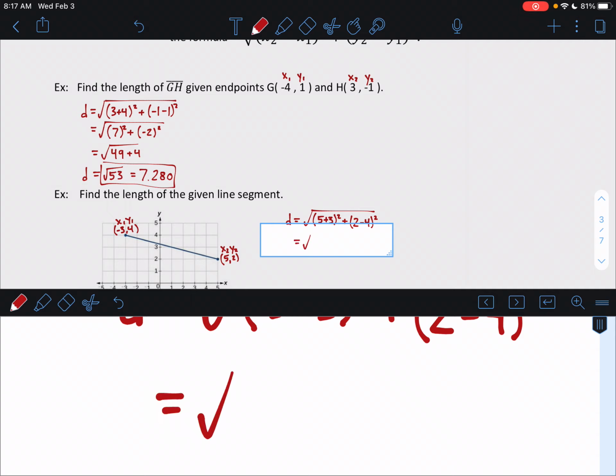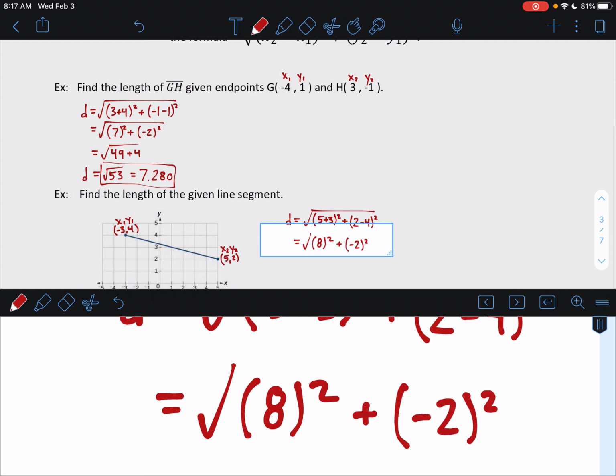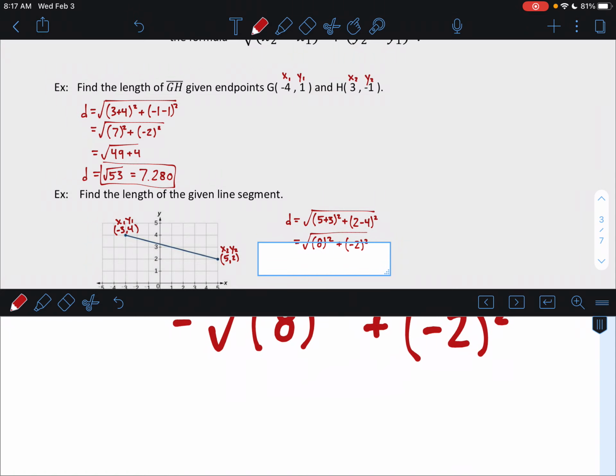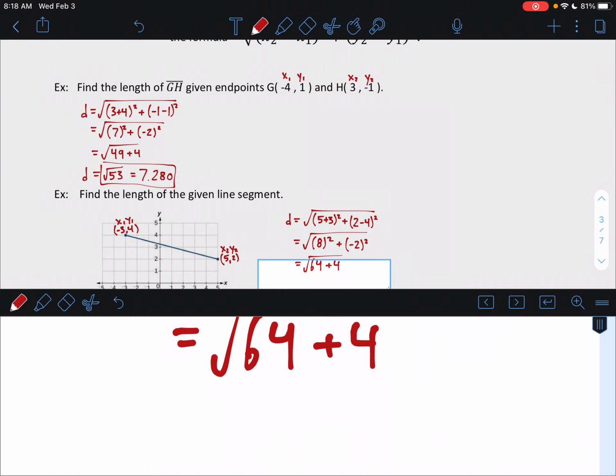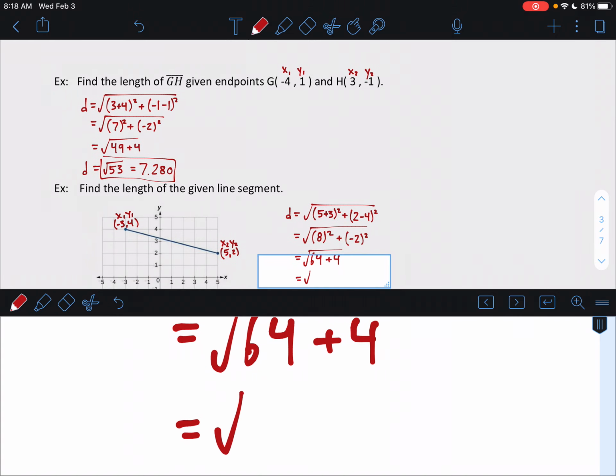Let's see, 5 plus 3 is 8 squared, plus 2 minus 4 is -2 squared. 8 squared is 64. -2 squared is 4. And 64 plus 4 is 68. So the distance here is the square root of 68.